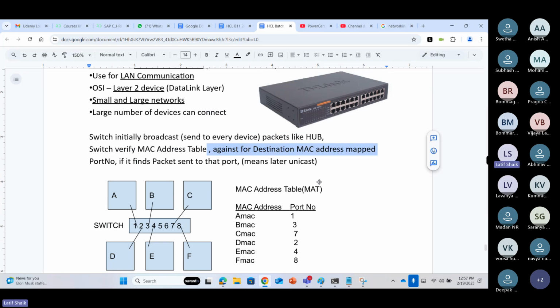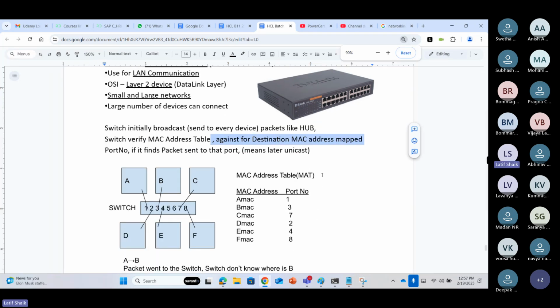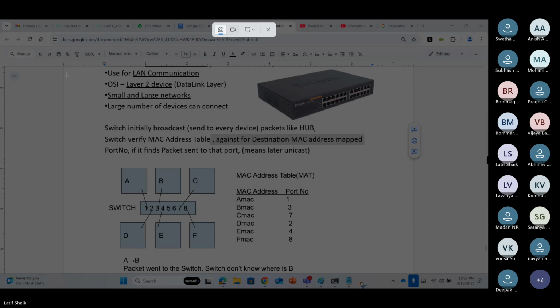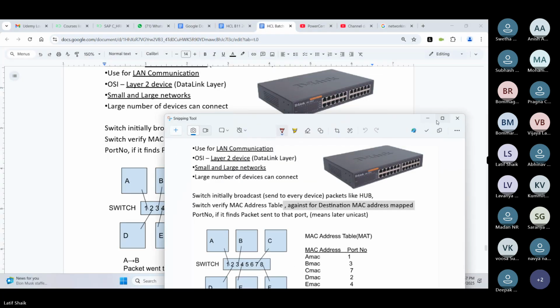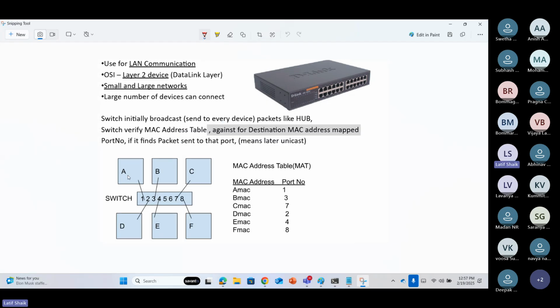There is a small explanation also, we'll see that explanation. So this is A PC, this is B PC. For example, A sends a packet to B. The packet is sent to switch port number 1.